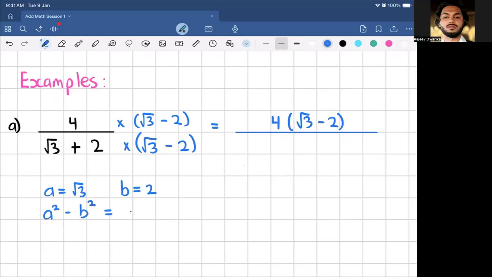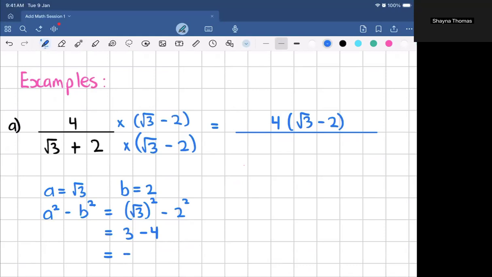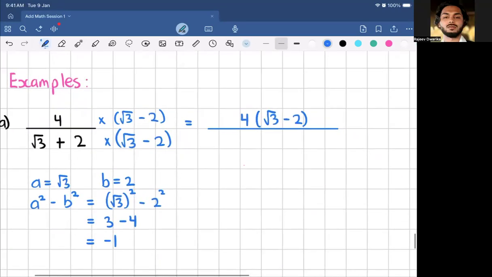A is root 3, so we're going to square that, and B is 2, we're going to square that. You can do this work on the side. So we end up with root 3 squared, which is just 3, minus 2 squared, which is 4. So what is 3 minus 4? Minus 1.